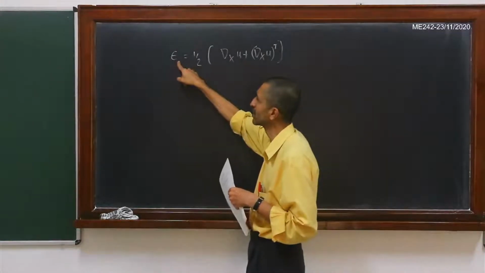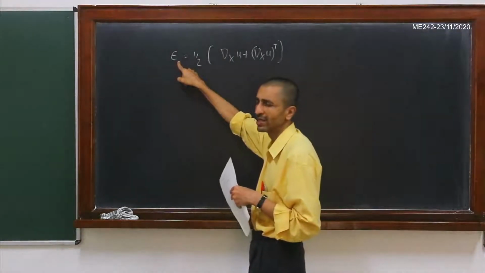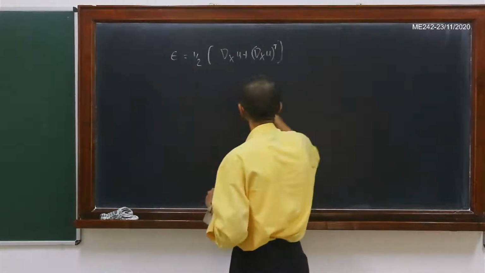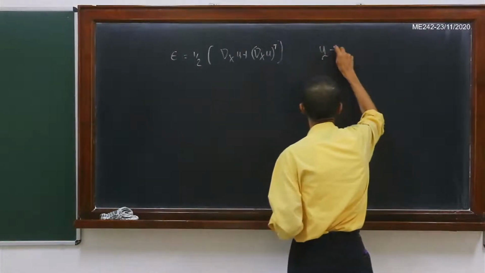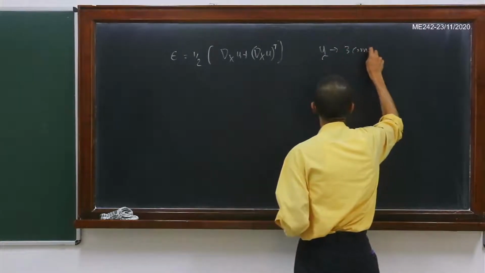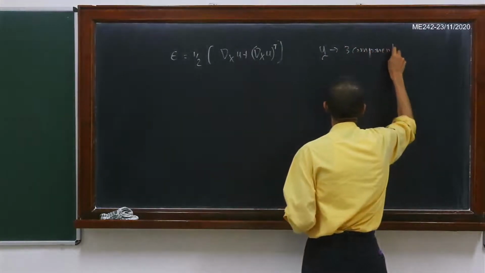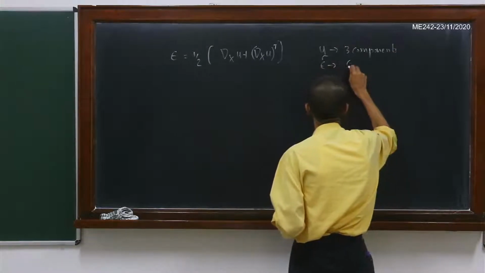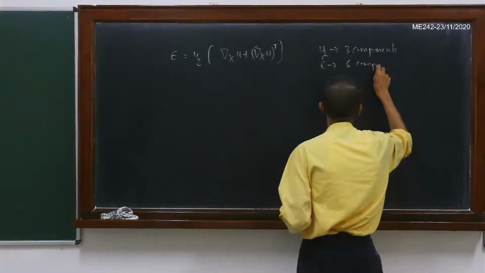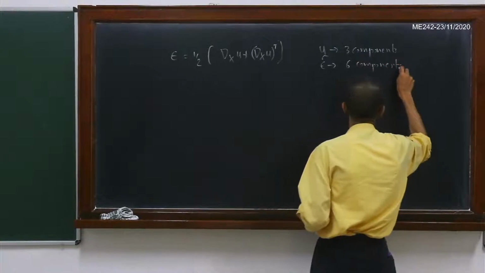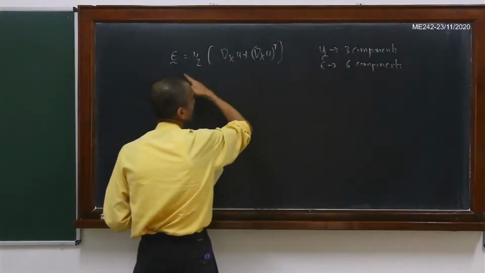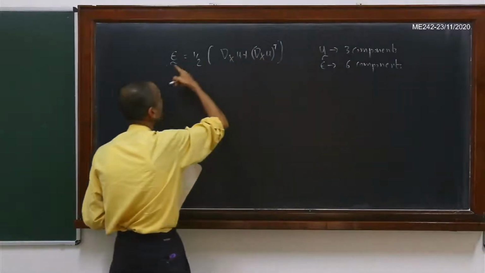That is because the strain tensor is symmetric. So basically u has 3 components, and epsilon has got 6 components. If you give me the displacement, then just by differentiating the displacement, I can get the strains.